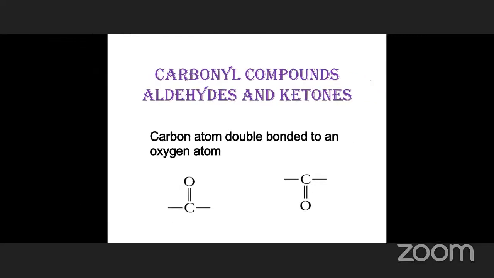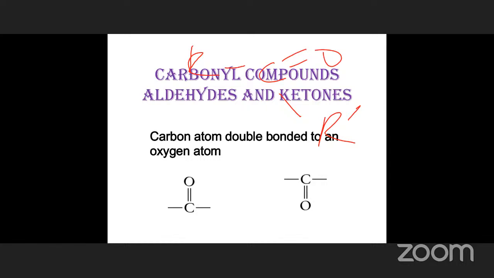So usually we say that carbonyls are represented by the general formula RCOR prime. R prime is used to differentiate the other R. Sometimes they can be the same. Most times they are different.